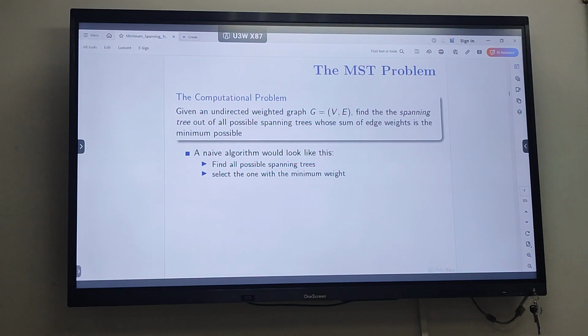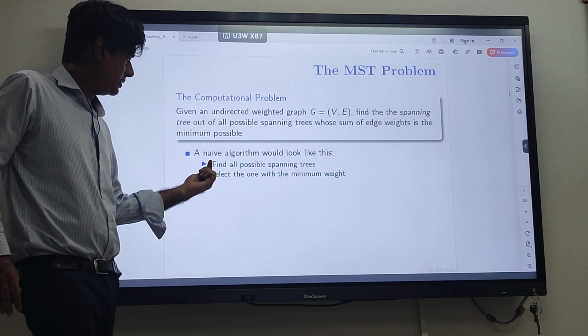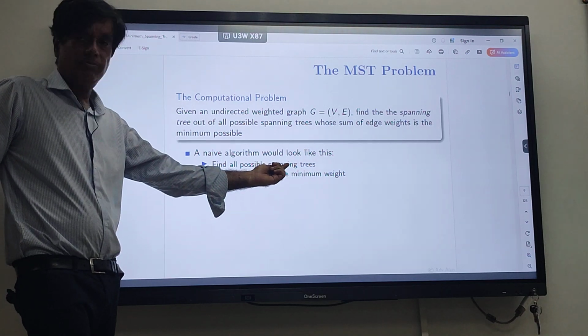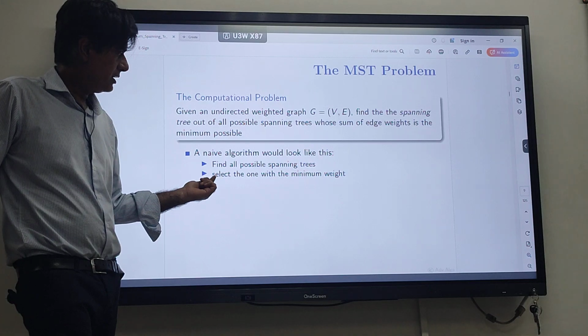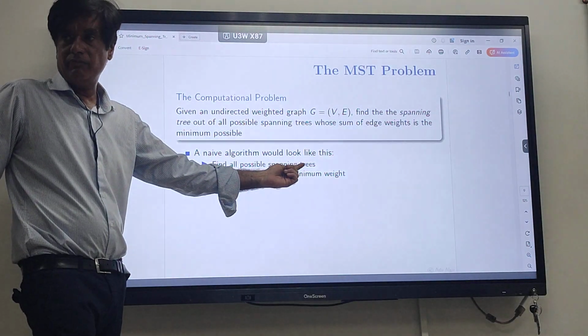So from the look of it, just like your question, one way to do it is that we find all possible spanning trees, compute the weight and select the one with the minimum weight.